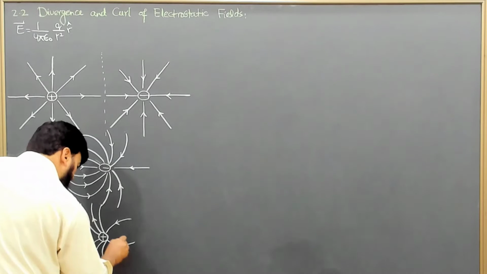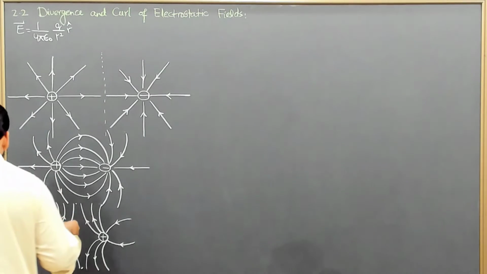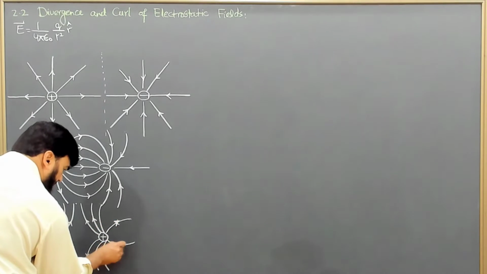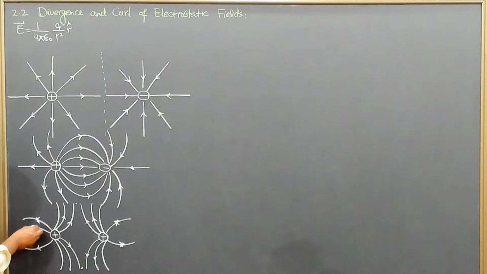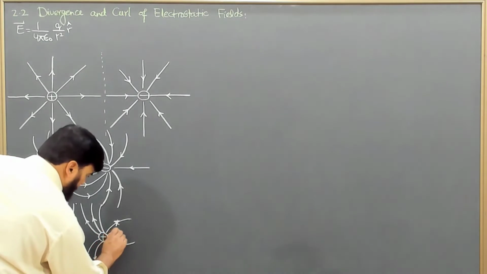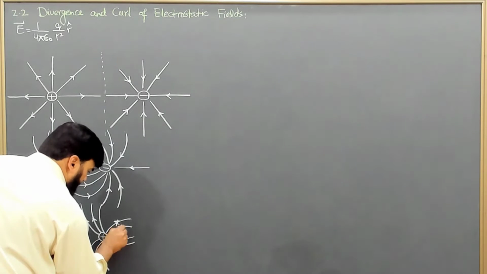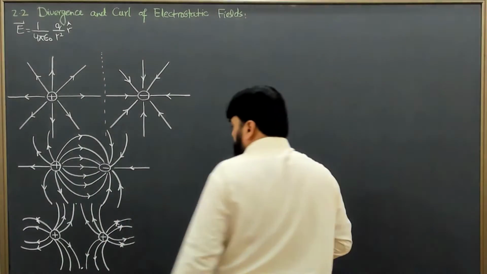They will be going away from it, and the closer we go to it, the more the field lines will be concentrated here and here as well. So this is the geometrical representation of two line charges.